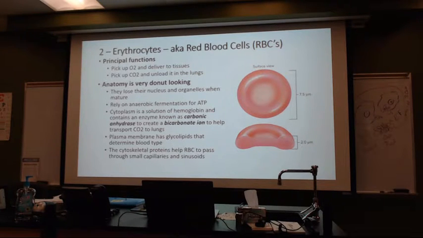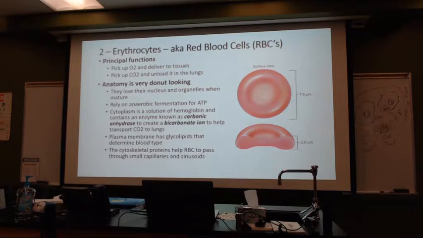So the CO2 that crosses over into the venous side, if it is not picked up by the red blood cell itself, the red blood cell will help buffer the blood going back to the heart.